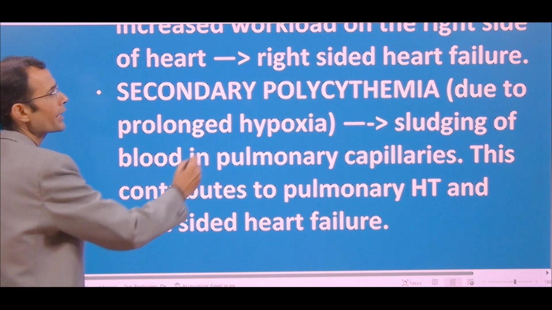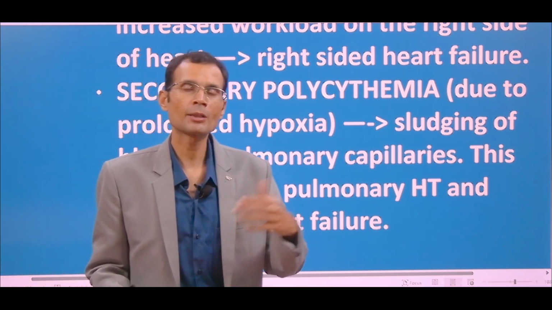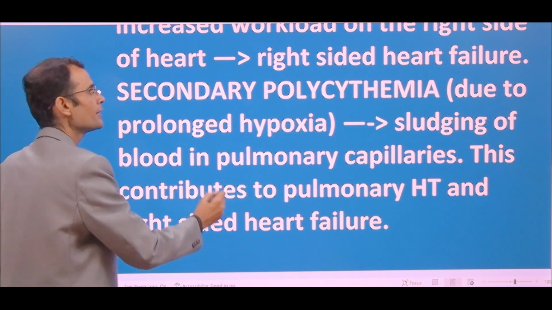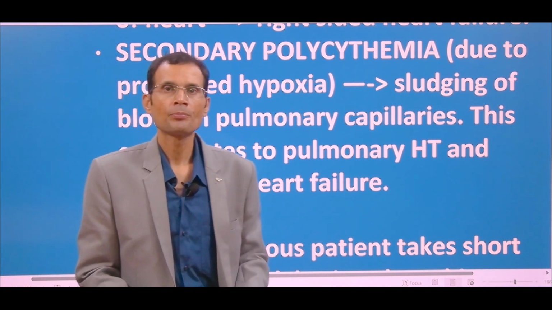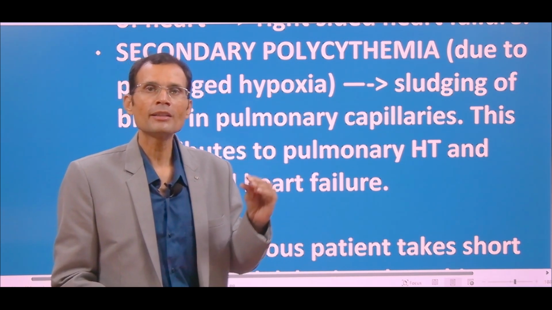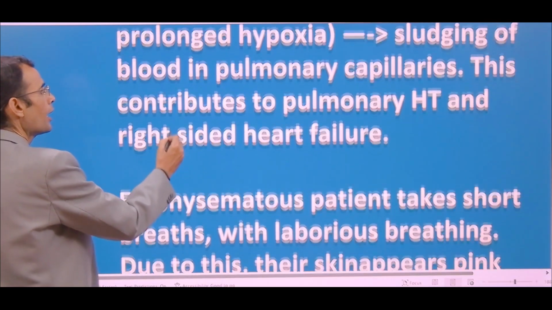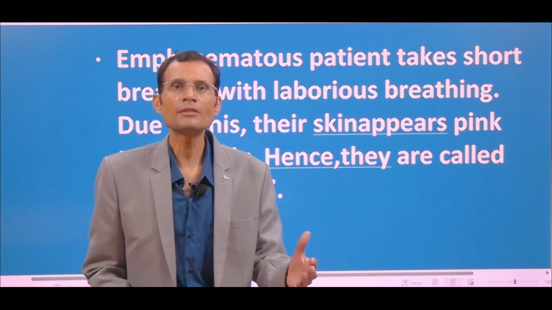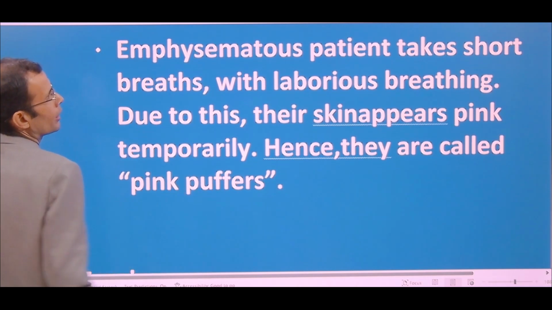And as I mentioned, secondary polycythemia due to the prolonged hypoxia, hypoxic stimulation for erythropoietin and erythropoiesis, there will be increased RBC count, and therefore sludging of blood in the pulmonary capillaries. The blood flow will be very sluggish, and that will also increase the burden on the right side of the heart. So right-sided failure is also another consequence of all this disease process.